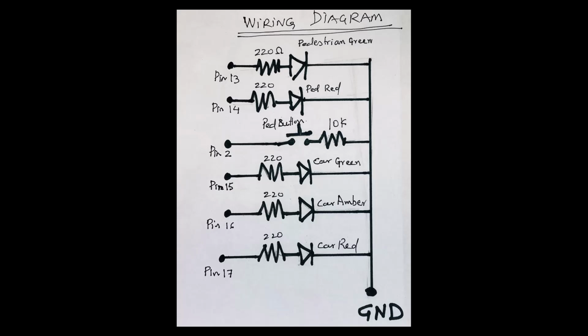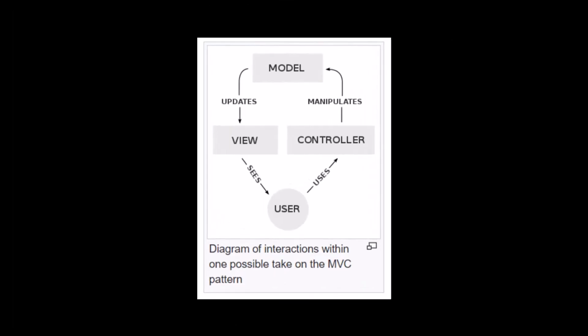Now, the process of controlling hardware using the software is no different than creating a data-driven web page, where a user's actions enable or disable buttons and other controls. Since web forms typically have a lot more controls, we use a very popular design pattern called MVC, or Model View Controller. We control the state of the buttons and other form controls using a data object. So, for example, we may have a Boolean field which will say button enabled, which carries a value of true or false. And if it's true, the button is enabled. If it's false, the button is disabled.